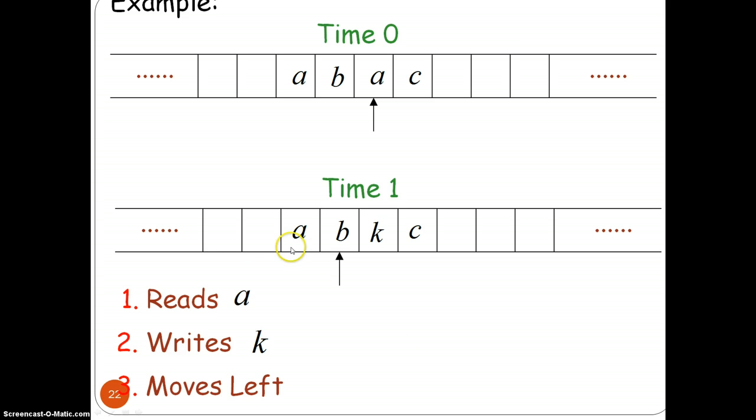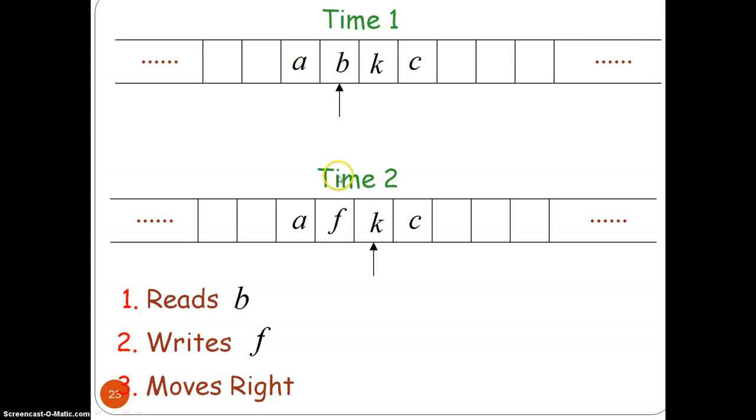So at time 1, our read-write head is at B, to the left of K. According to the rule, we read B, so we write F at that place, and we move our read-write head to the right of the F. So at time 2, our read-write head is pointing towards K.